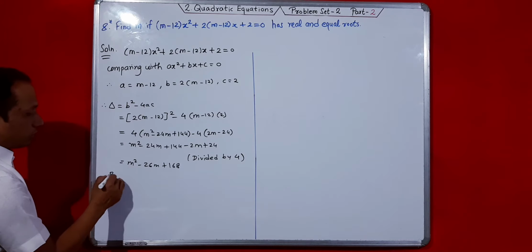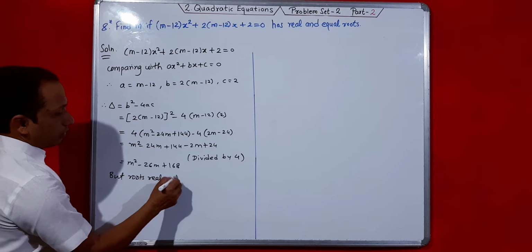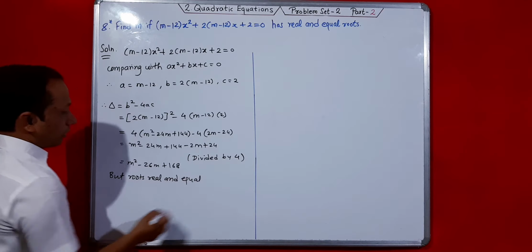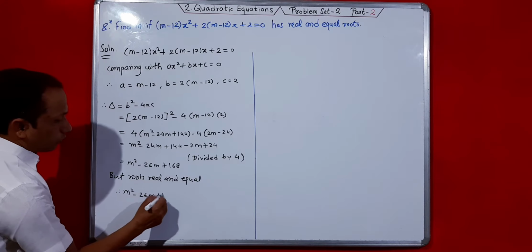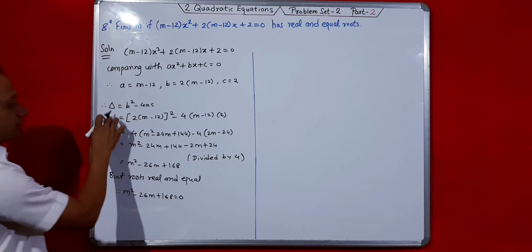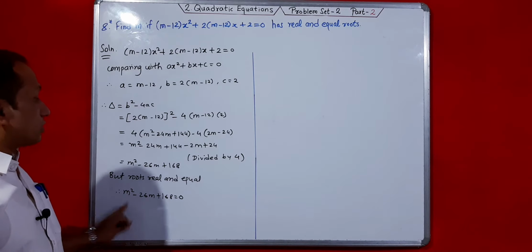But roots are real and equal, therefore I can write m square minus 26m plus 168 is equal to 0, because delta is equal to 0. Now this is a quadratic equation, factorize this.